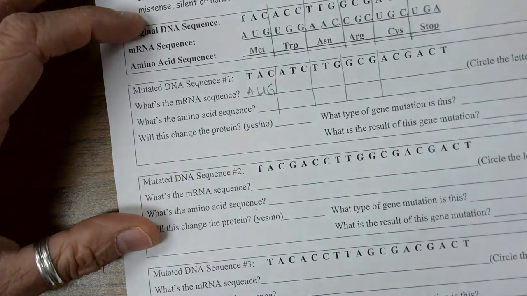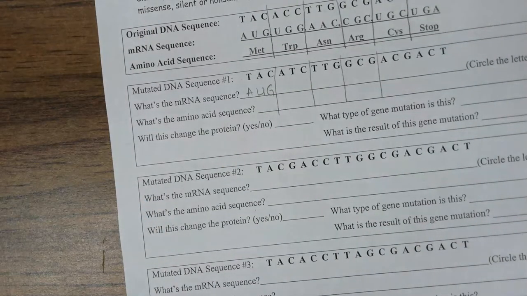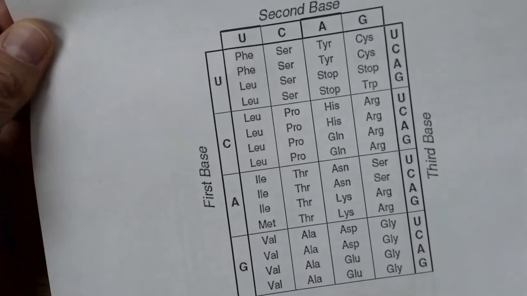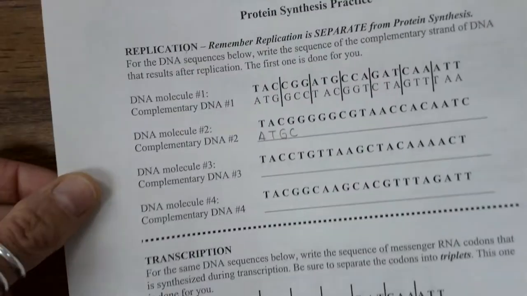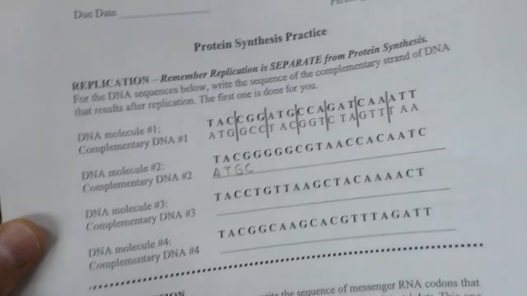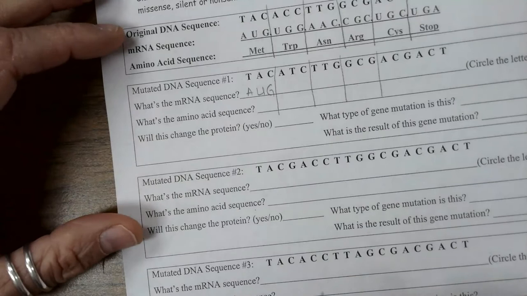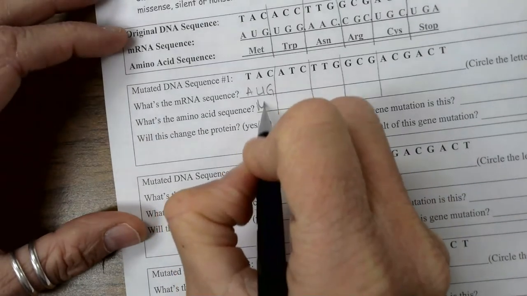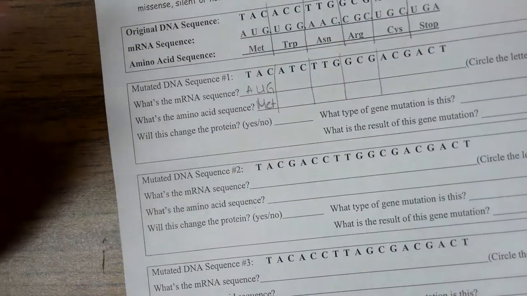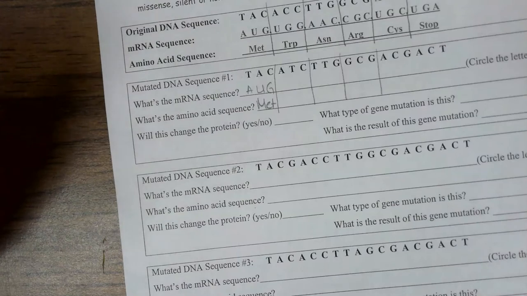Make your mRNA. Use your codon chart, the same codon chart that you were using for your protein synthesis assignment. This one. Use that codon chart to determine what these mean. I already know AUG codes for MET. If you forget how to do that, go back and use the protein synthesis practice as your refresher.